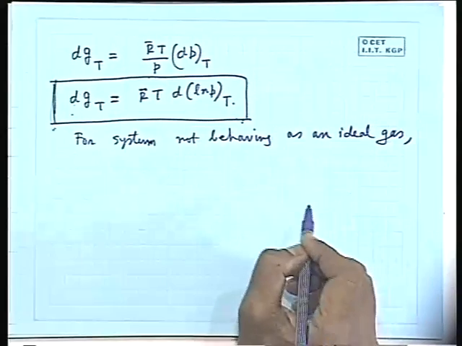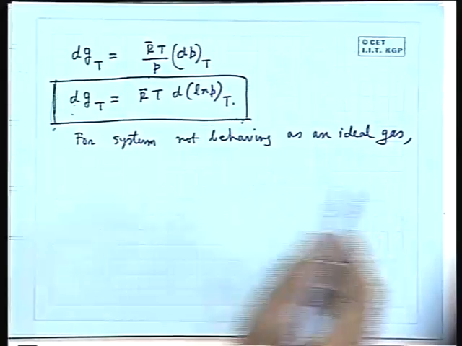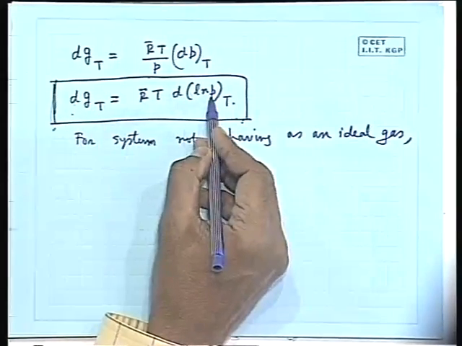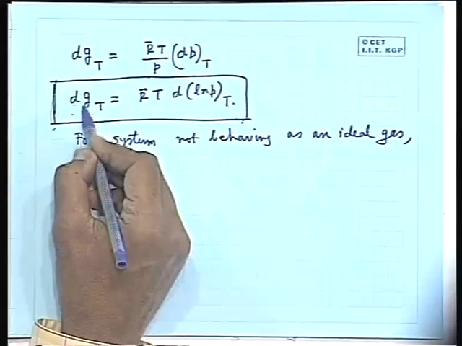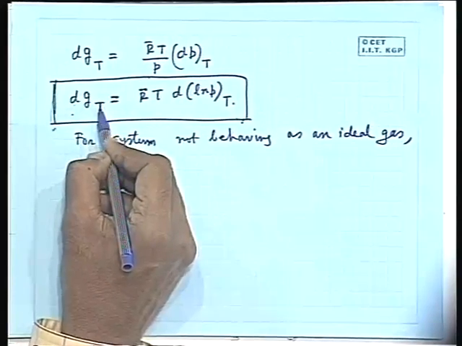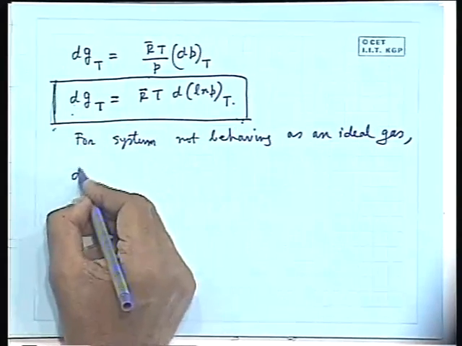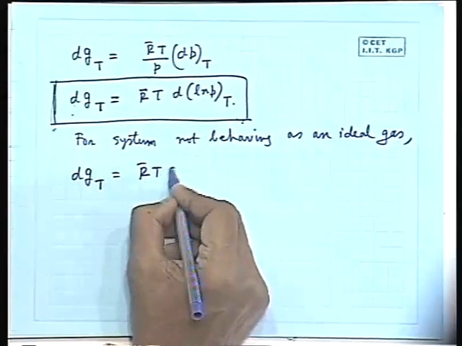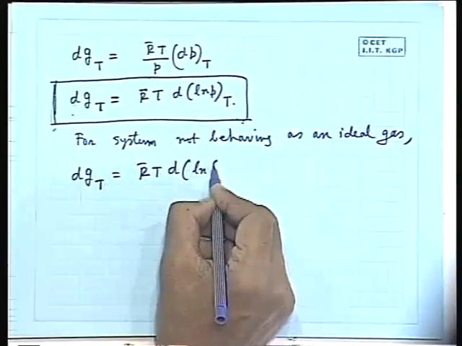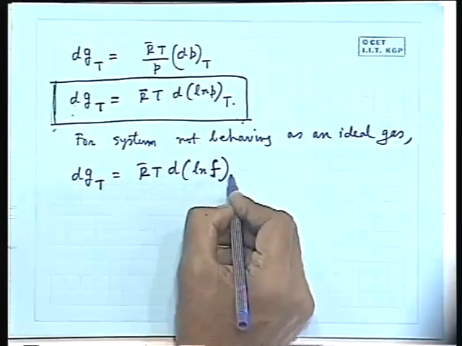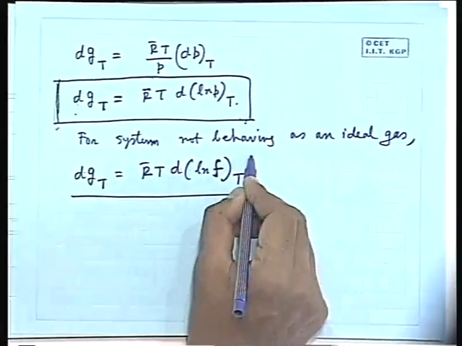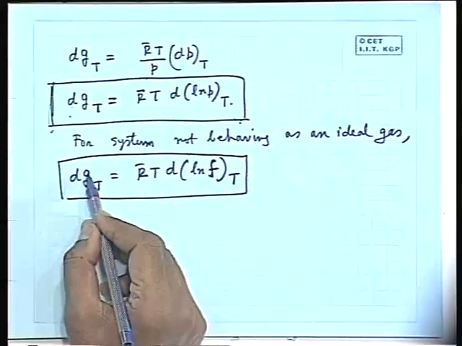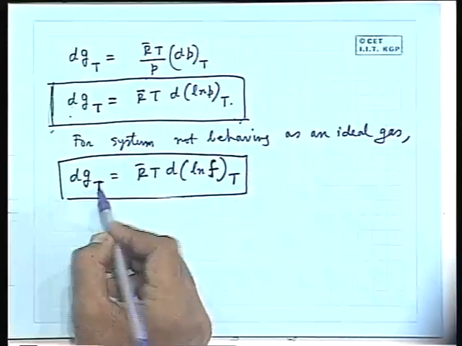Try to understand: to express the molar Gibbs function in terms of this ln is very useful. Then what we can do, we cannot use P, but we can define a function f as a property which gives the same relationship for dG, that means the change in the molar Gibbs function at constant T for an ideal gas.